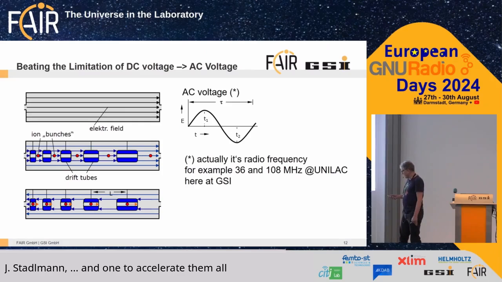Then, if my colleagues from the linear department did everything right, when it comes out of this hole, there's again the same voltage accelerating it a bit further and further. By this means, if you make these drift tubes longer and longer because it gets faster and faster, you can accelerate in principle to very, very high energies, and even could do this experiment with the neutron star.